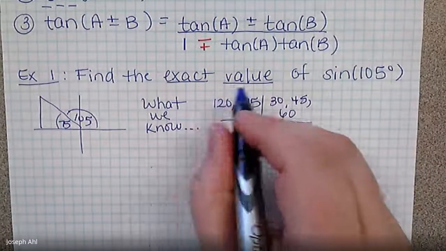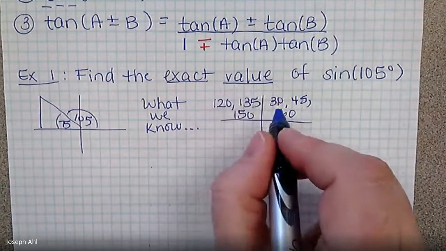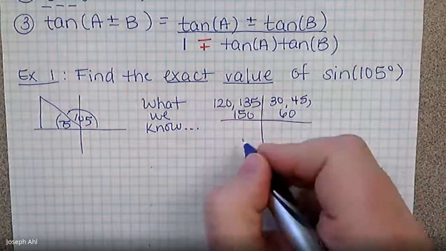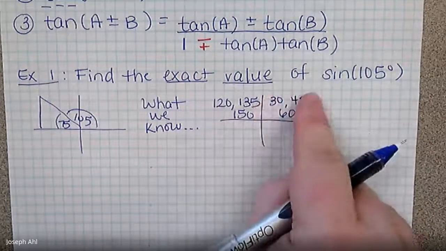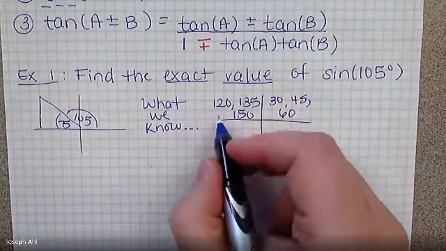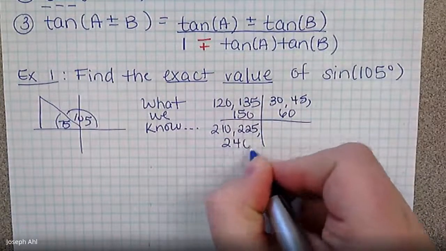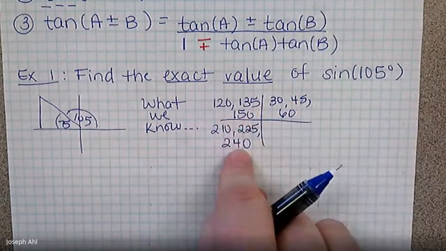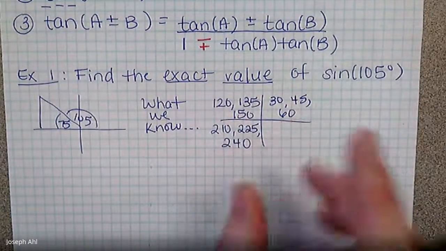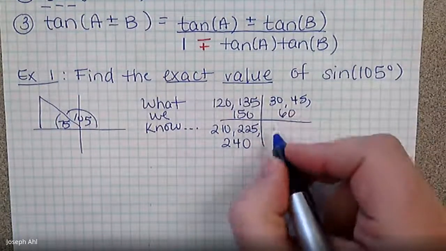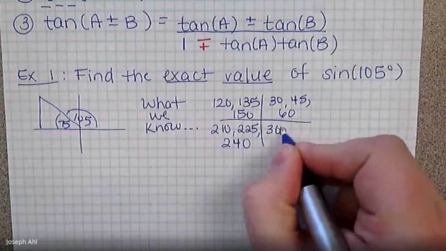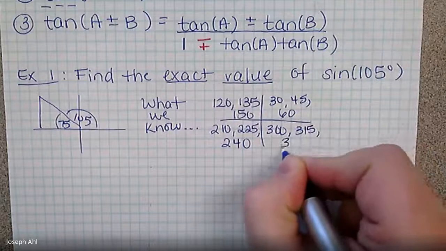So these are also maybe familiar angles to you because they have references of 30, 45, and 60. In quadrant 3, references of 30, 45, and 60 would be angles like 210, 225, and 240. And in quadrant 4, some special angles that we might be familiar with would be things like 300, 315, and 330.